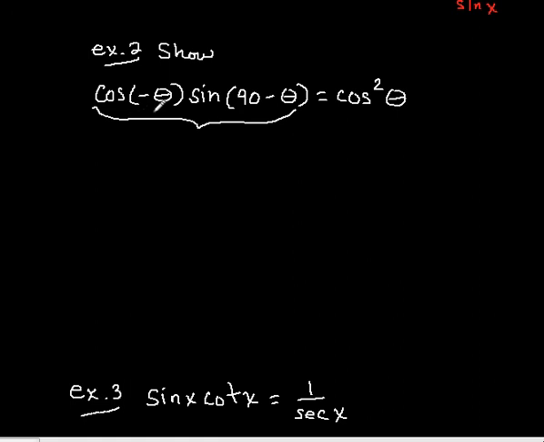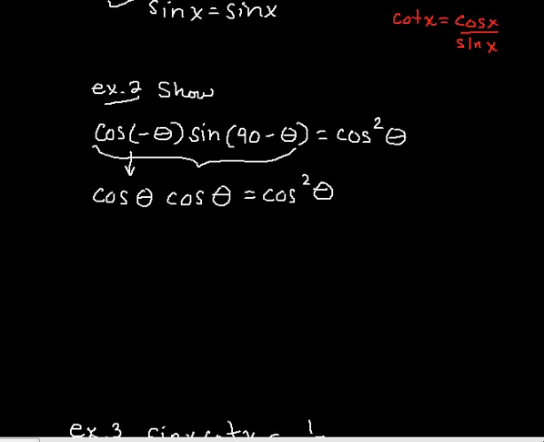We can substitute, if we remember what they are, we can substitute these in. So cosine of negative theta. Well, we know this is an even function, right? So cosine of negative theta is equal to cosine of theta. Remember how even functions, these are the same? And then sine of 90 minus theta is the same thing as the cosine of theta. You can see how it's coming together.